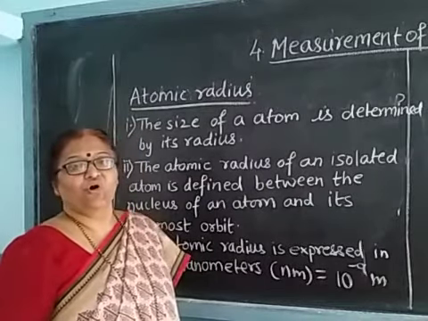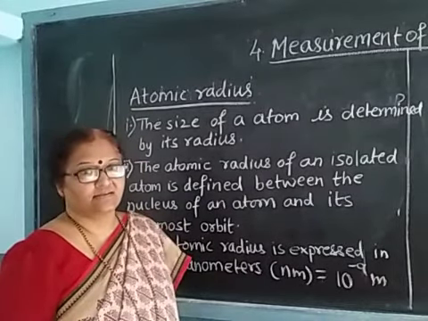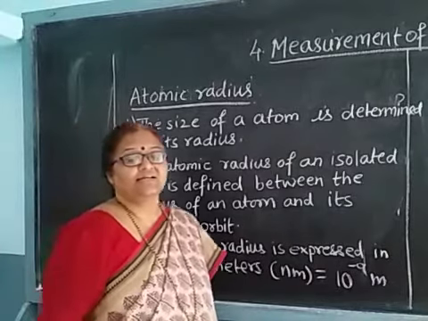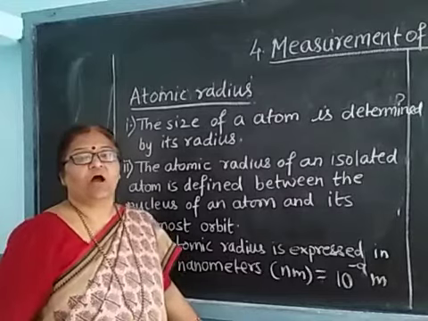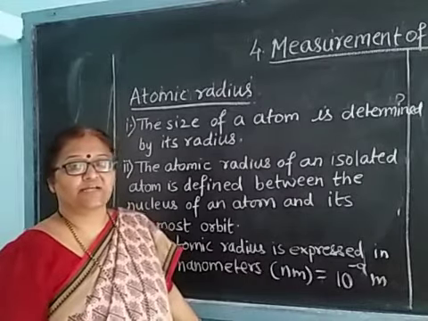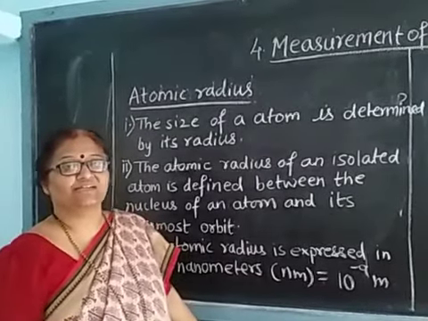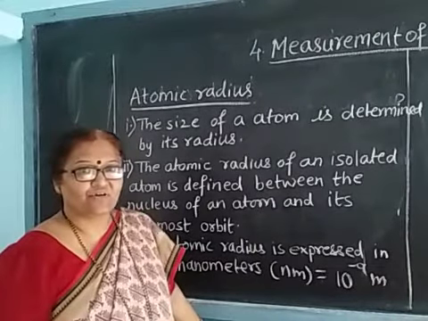Now, if we want to determine the radius, whenever we study the circle in maths, how do we measure the radius? We measure the radius from the center of the circle to the circumference.